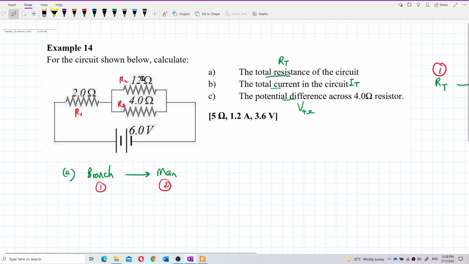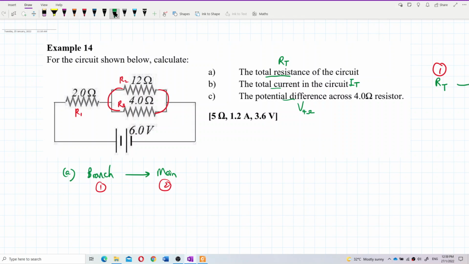Okay, the 12 ohm and 4 ohm, R2 and R3, they are parallel. Why do we say parallel? Because both legs are connected together. You see, they have two legs connected to each other. One leg from the 12 ohm, another leg from the 12 ohm also connects with the 4 ohm. So the 12 ohm and 4 ohm are parallel to each other, connected side by side.